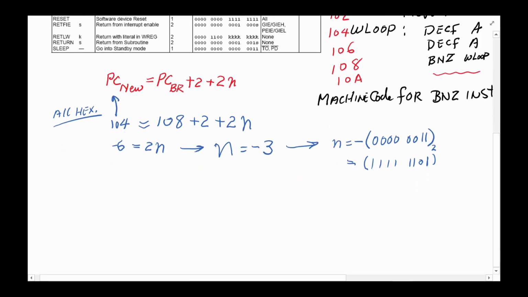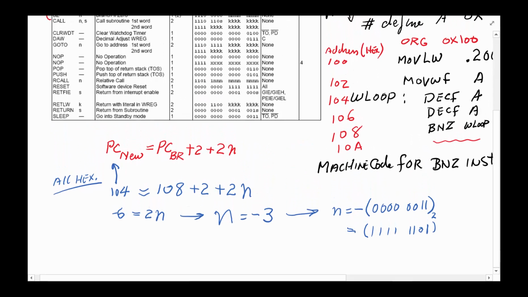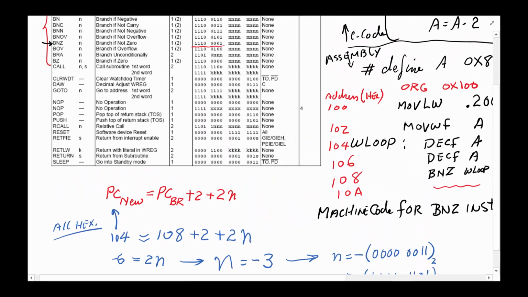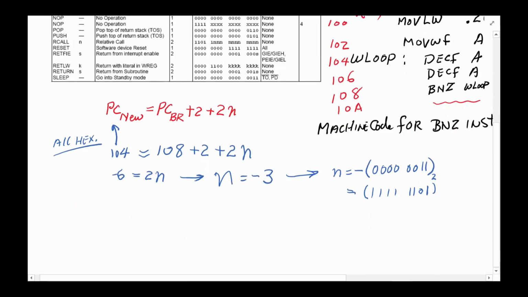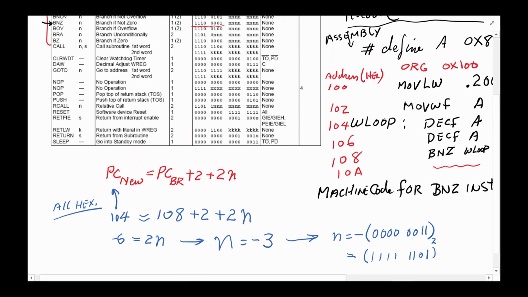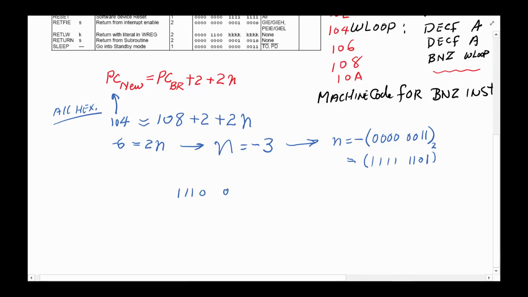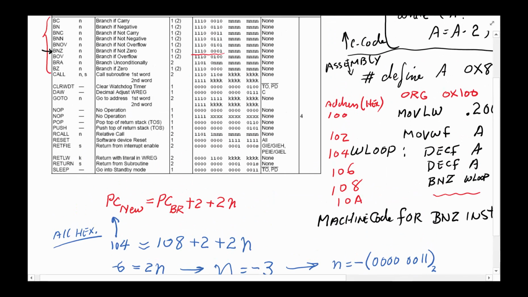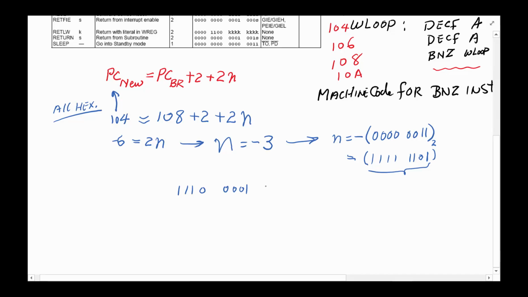So this particular branch instruction is going to be the opcode, 11100001. I already forgot what it was. I'm just reading it from the table, 1110 0001, and then this becomes the n portion, which is going to be 11111101.